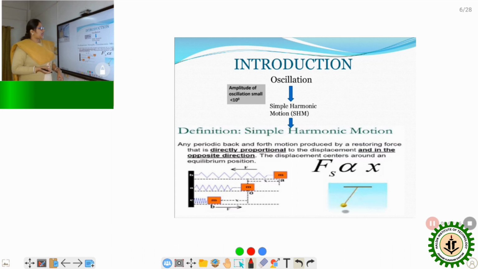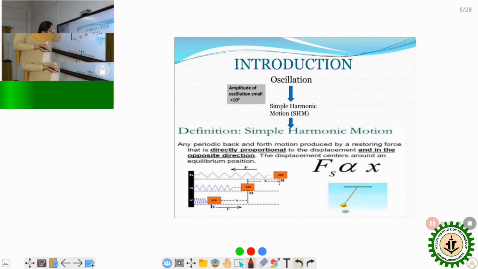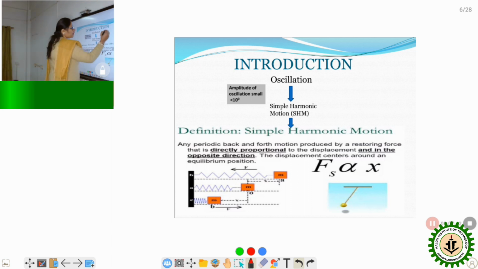Next, let us try to understand what is simple harmonic motion. We can call an oscillation a simple harmonic motion, or in short SHM, when the amplitude of oscillation is very small. Let us take a simple pendulum, and this is its mean position, that means there is no disturbance.